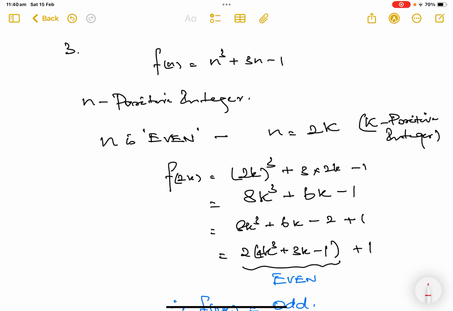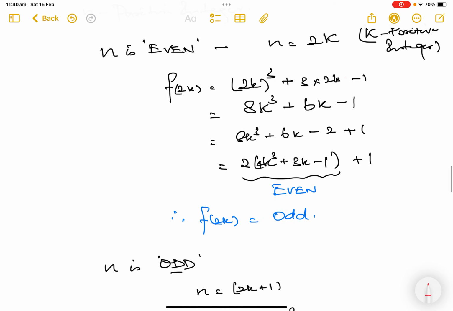That is 8k cubed plus 6k minus 1. I have purposely written minus 1 as minus 2 plus 1, to take 2 as a common factor. So this is 8k cubed plus 6k minus 2 plus 1.